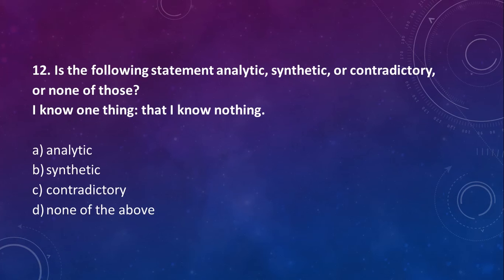Yeah, I didn't think of that. I just thought, oh, Socrates, what a jerk. But if we're reading this with even a little bit of charity, then yeah, it's synthetic. Very good. So how do you make it charitable? Well, you say, I know one thing that I know nothing, and it's implied, except for that one thing that I just said that I know.